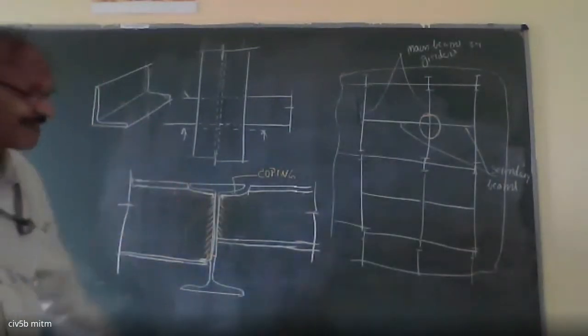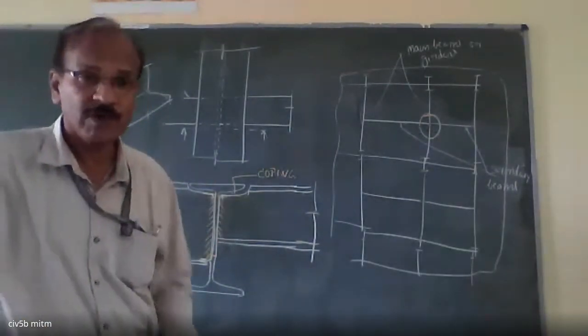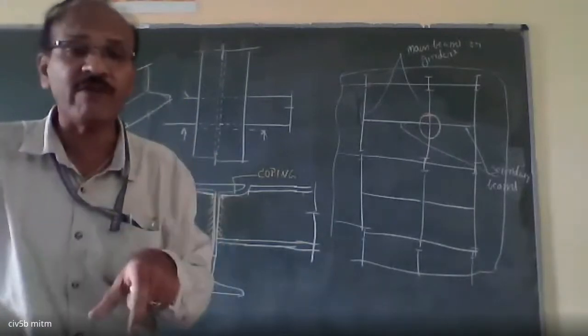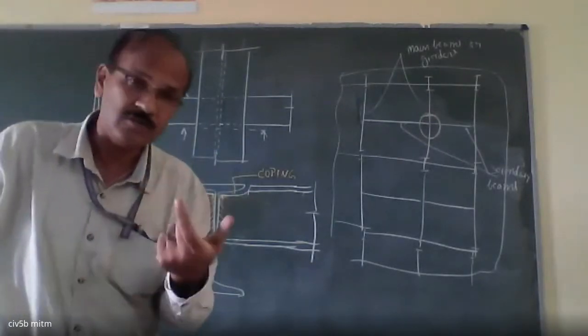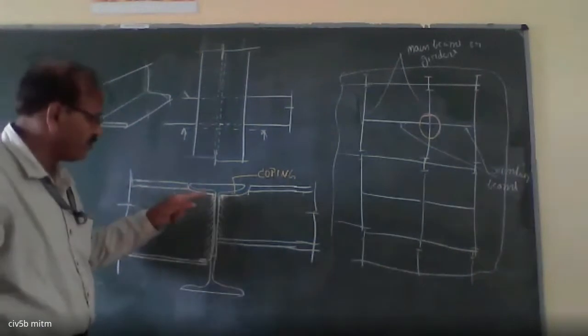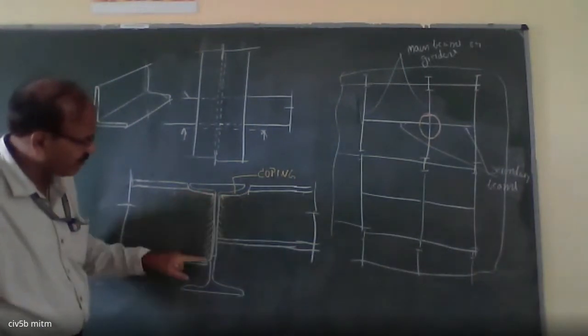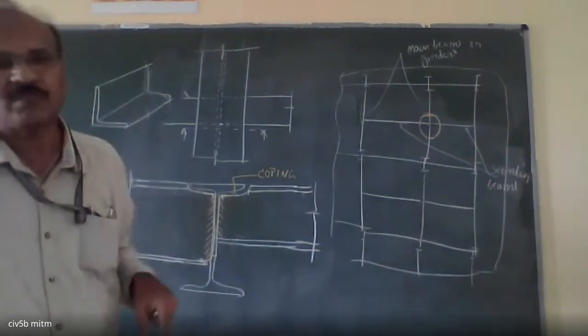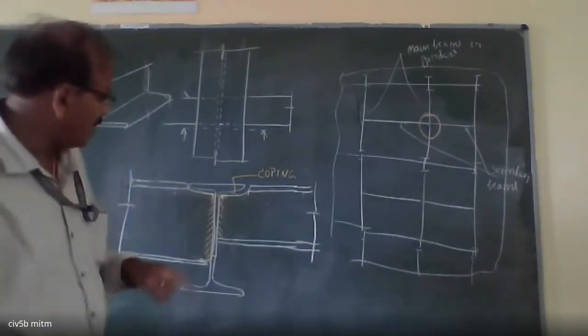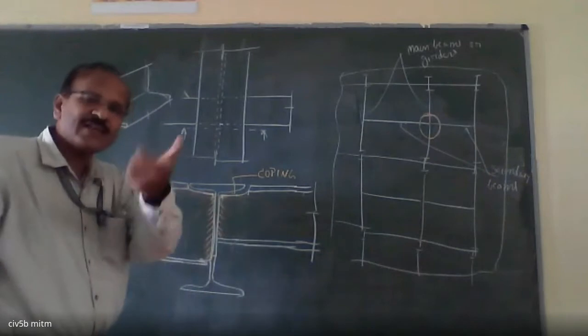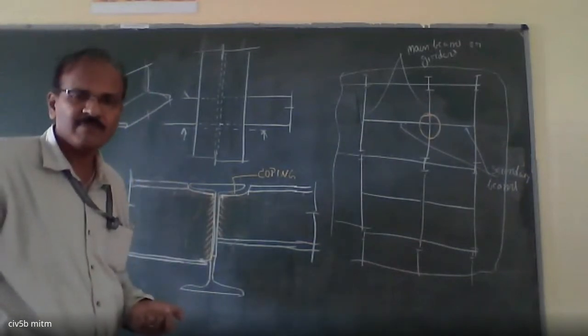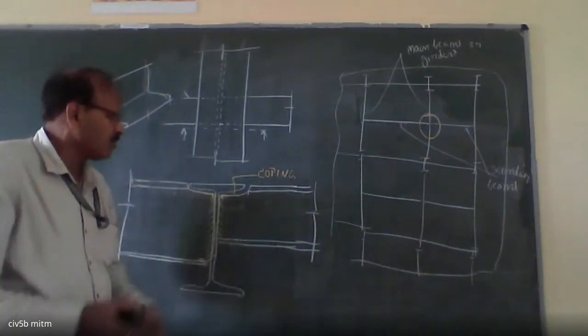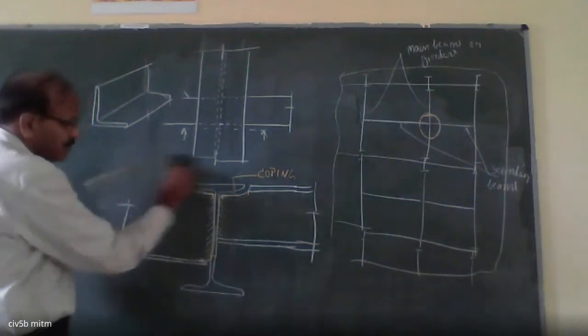Again, we are going to design the weld to carry the load: what size of weld, what length of weld is required, and all those things. We have to make sure that the total length of the weld does not exceed the web depth. If the length is not sufficient, then increase the size of the weld. So this is the way it is done.